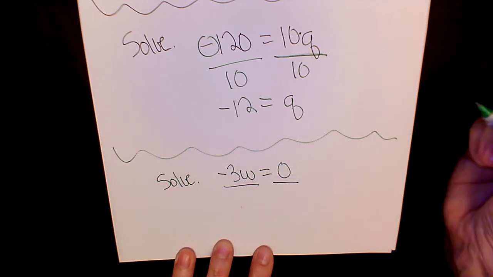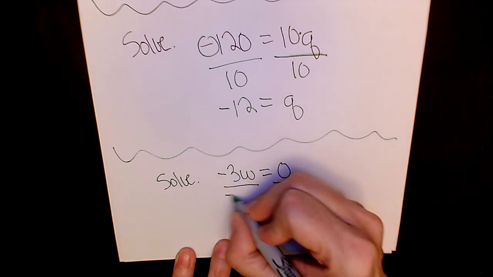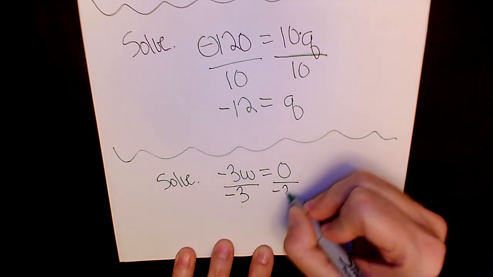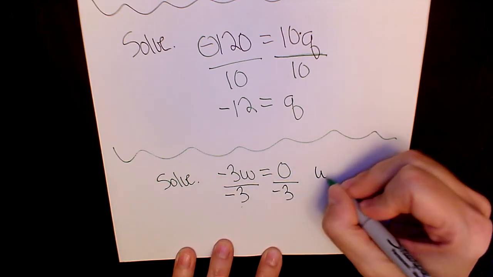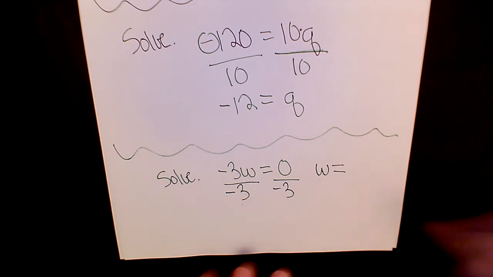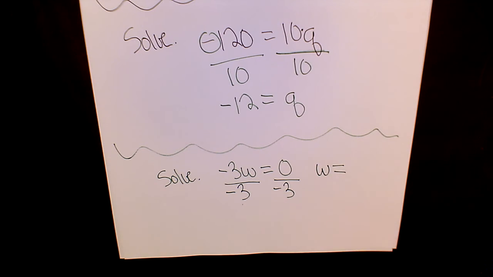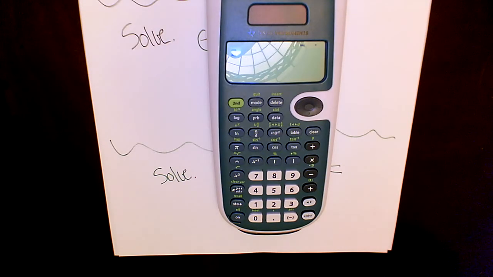What am I going to divide both sides by? If you said -3, you're right. And what's 0 divided by -3, or what really is 0 divided by any number? What's 0 divided by 2, or what's 0 divided by 5? 0 divided by any number is just 0.